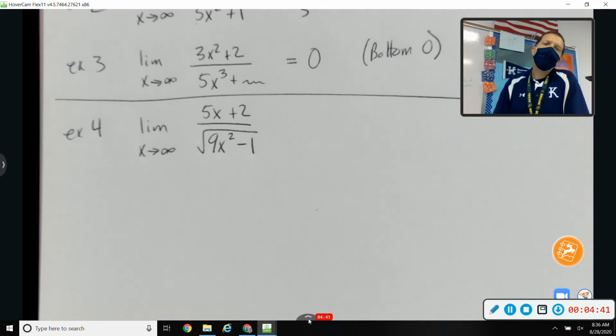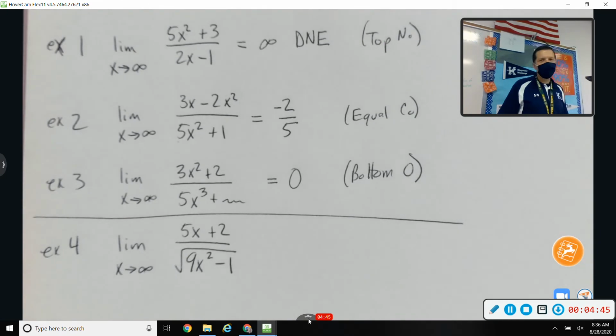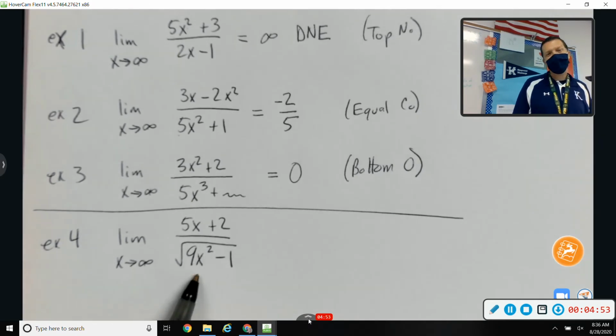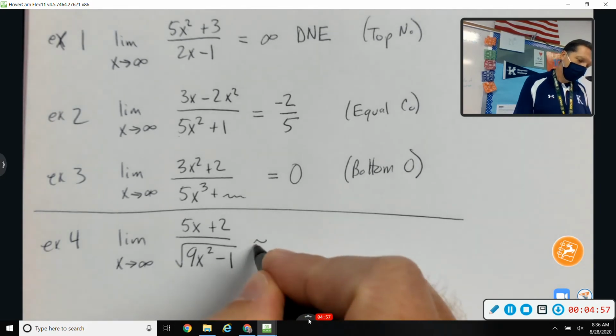Okay, so this is not, at least initially looking, clearly top no, bottom O equal co, or it's misleading if you do try that, because you think the bottom is x squared, but it's not really x squared, because it's the square root of 9x squared.